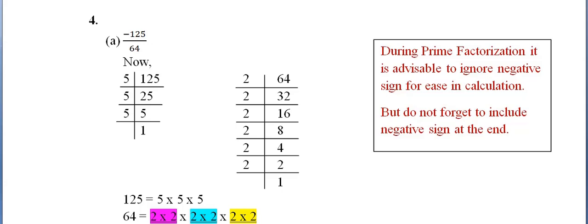Otherwise your answer will be completely wrong. Now the first question, that is 4a, minus 125 by 64. Now this is your first question.